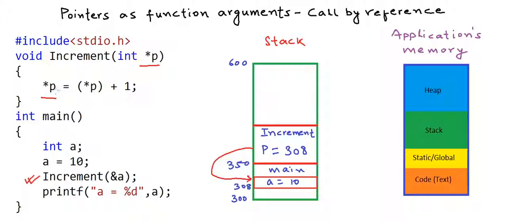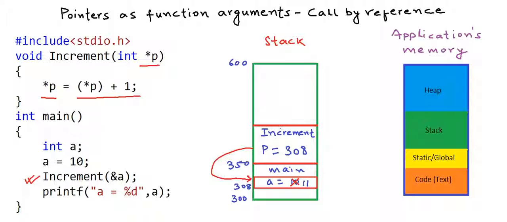So asterisk P is the value at the address stored in P. So we say increment the value stored at address P by 1. The value stored at address 308 gets incremented by 1. So A is now 11.